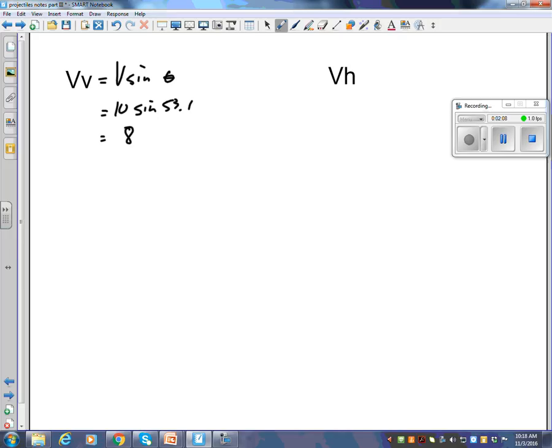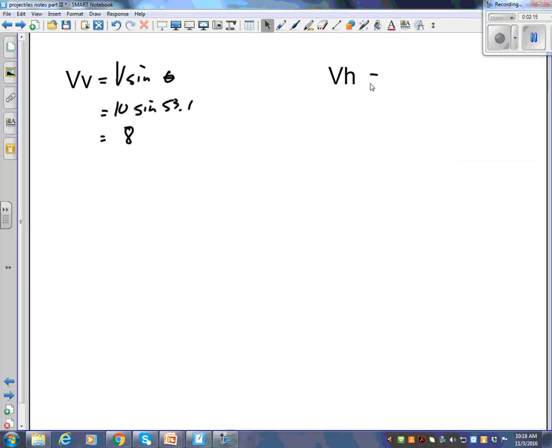That's why the 53.1. And then VH, the horizontal component: 10 cos 53.1, and I think it's 6, am I right? 6 meters per second. So that's why that number was picked, so that those are nice integer values.